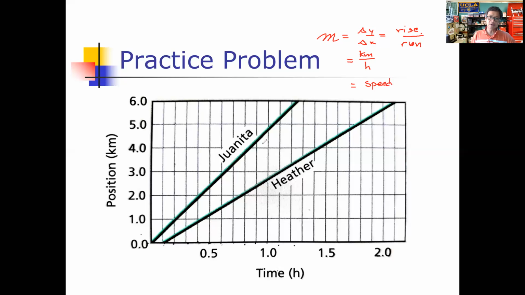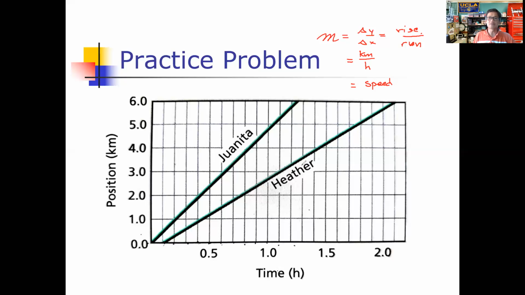So what we have here is how fast Juanita is running compared to Heather. The slope of the line represents how fast she is running. If you notice here, the slope for Juanita is steeper than the slope for Heather, meaning her change in position over a given time interval is greater than Heather's. What does that translate to?